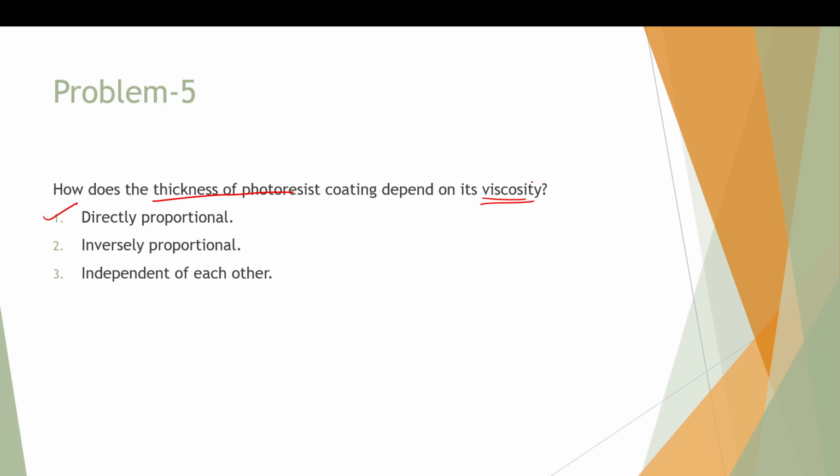Low viscosity means the thickness will be lower. If you imagine a wafer that is spinning, and you put a drop of photoresist in the center, it will spread towards the edges, and if it's not very viscous, it will just fly apart. But if it is very viscous, it will make it to the end and stay there, so the thickness will be high. So it is directly proportional.